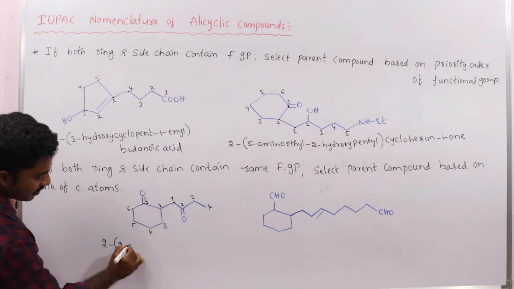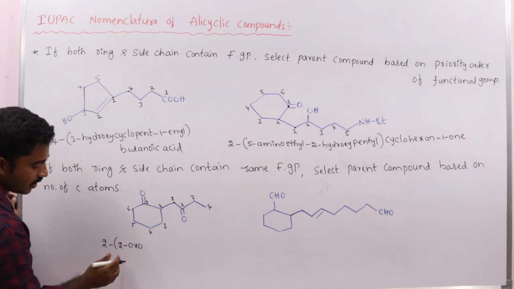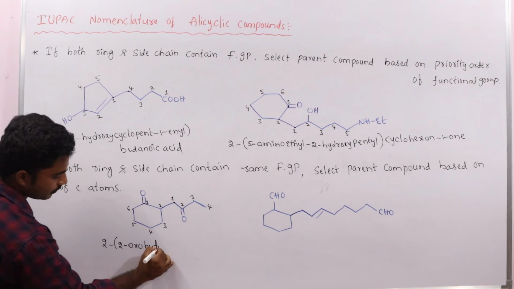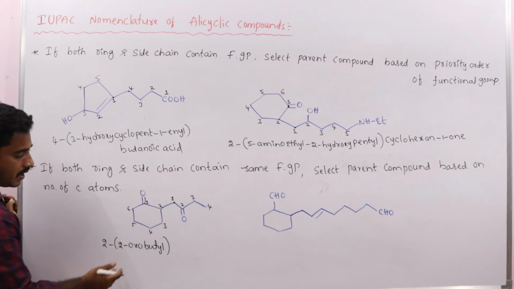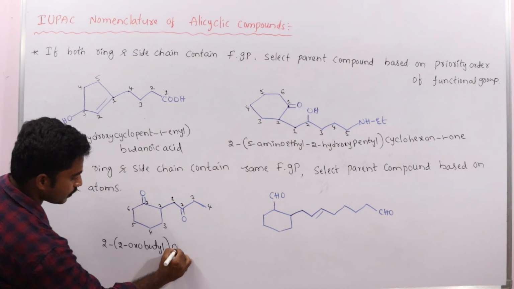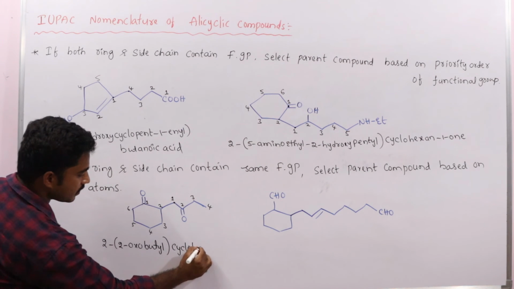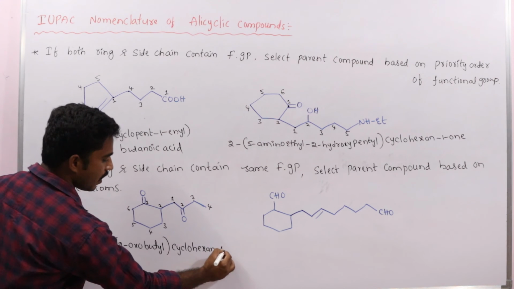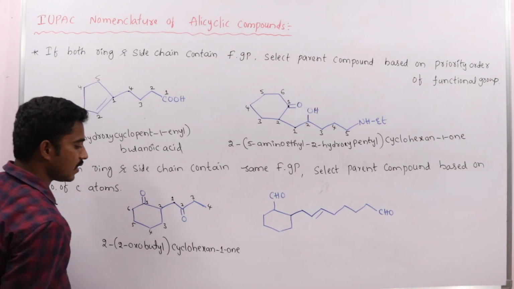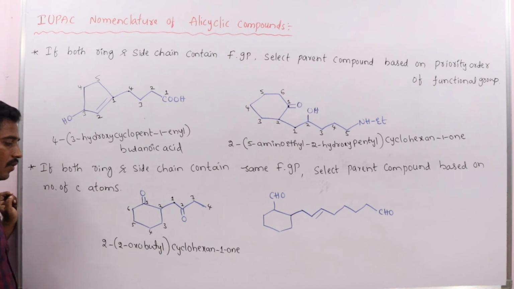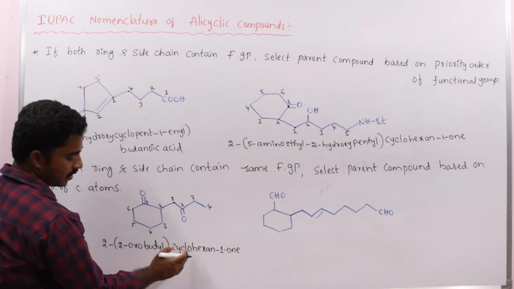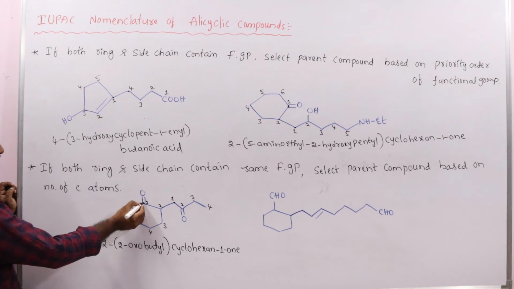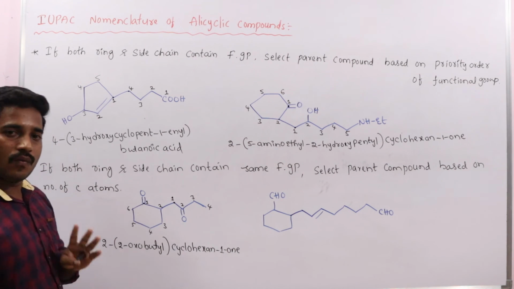For ketone the prefix is oxo, 2-oxo, 2-oxo-butyl, bracket close. The parent compound is cyclohexane 1-one. Here no need to mention the one, otherwise we can write cyclohexanone, because always the functional group carbon should get number one.